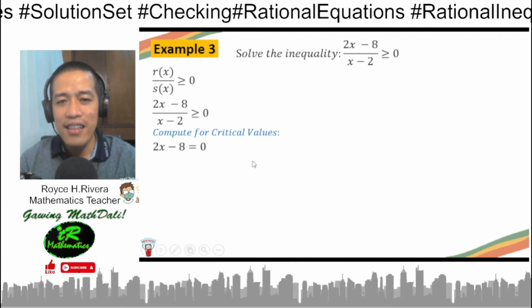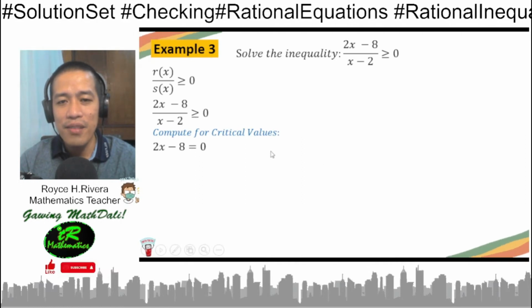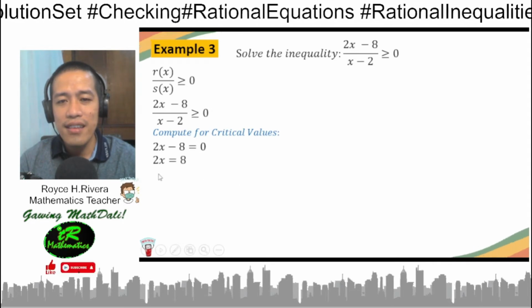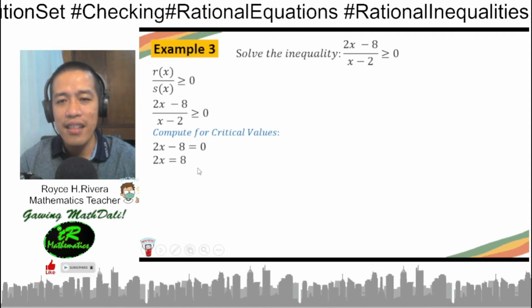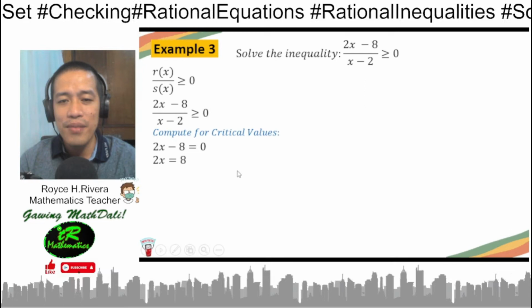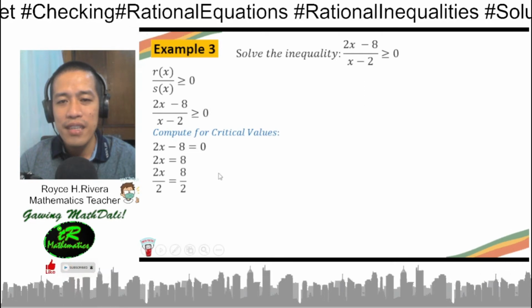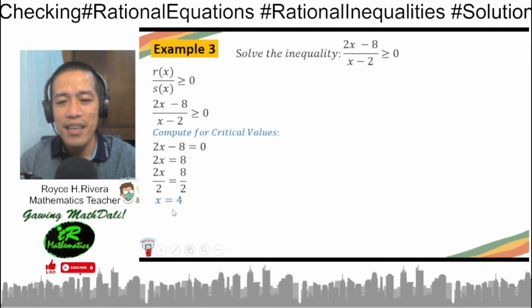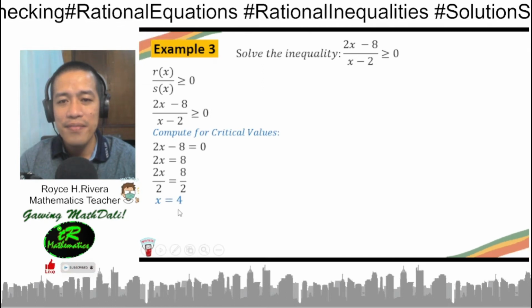Then add the additive inverse of negative 8 to both sides of the equation. We will get 2x equals 8. And by dividing both sides by 2, we will get the first critical value, x equals 4.